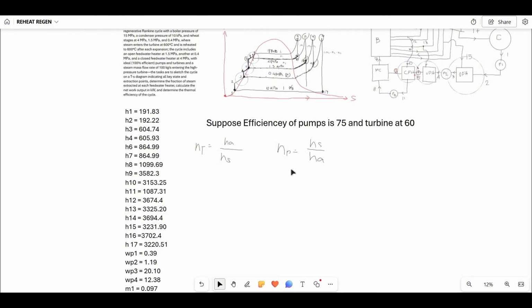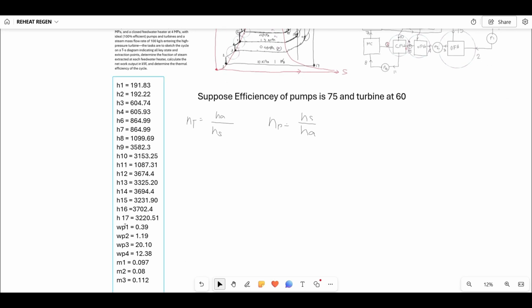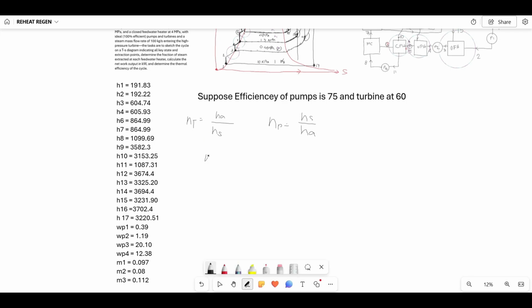Now, looking back at what we have, work of the pump at 0.39. Therefore, if we want to know the actual work, work pump 1 is equal to the ideal work of the pump over its efficiency.